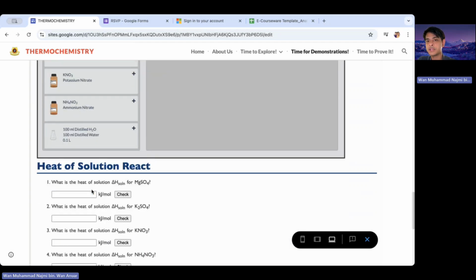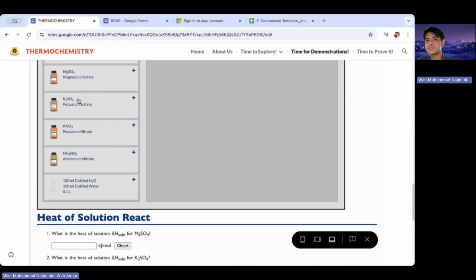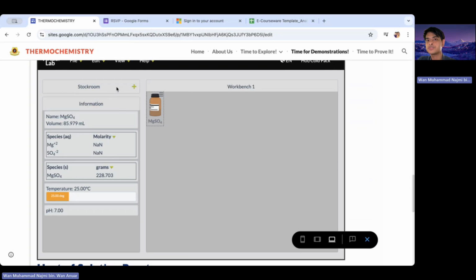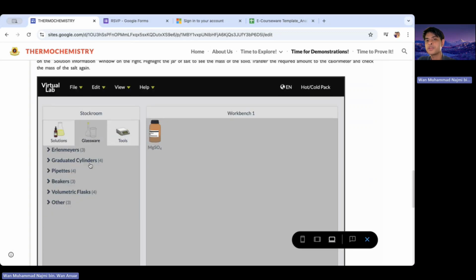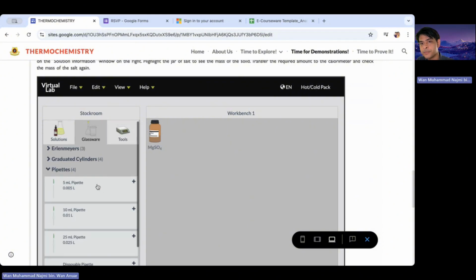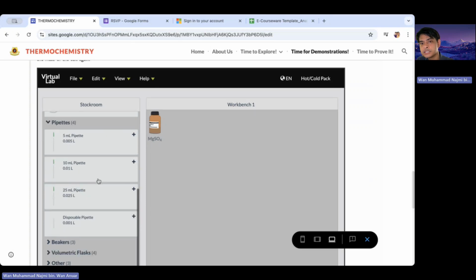If you want to find the delta H for magnesium sulfate, you need to take magnesium sulfate. You go to the stock room, and then you go to the glassware. You take the burette, pipette, and measuring cylinder.